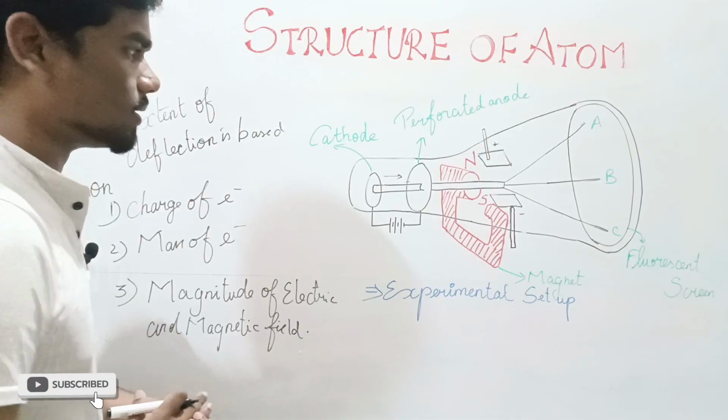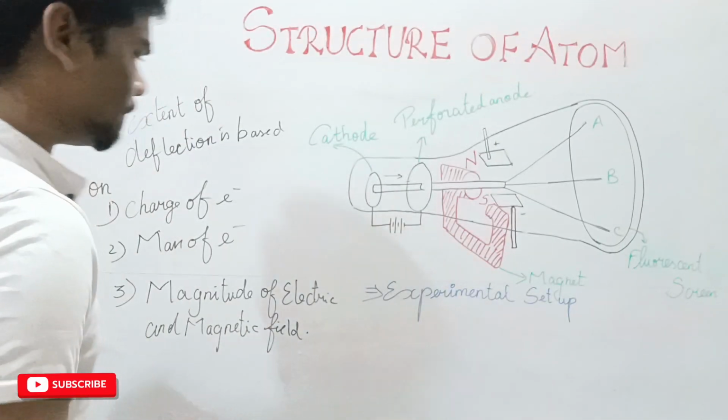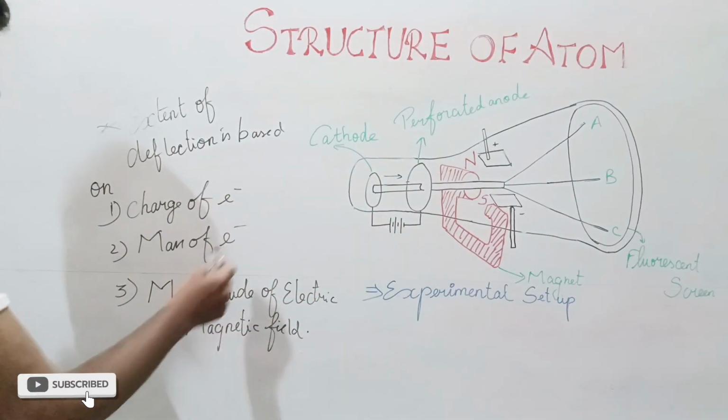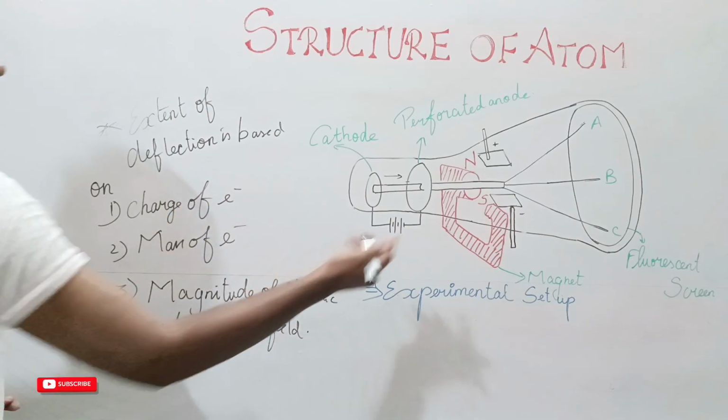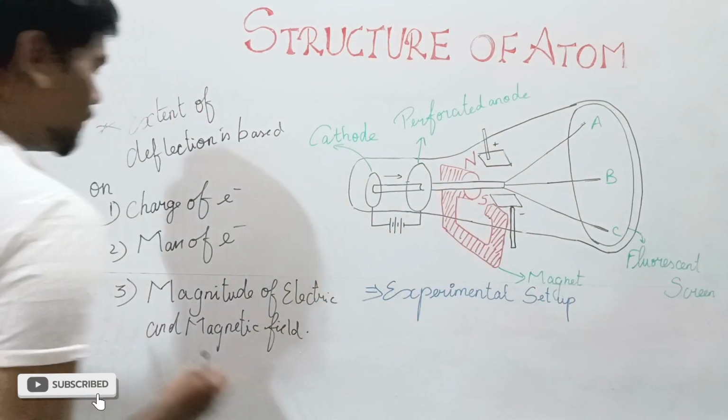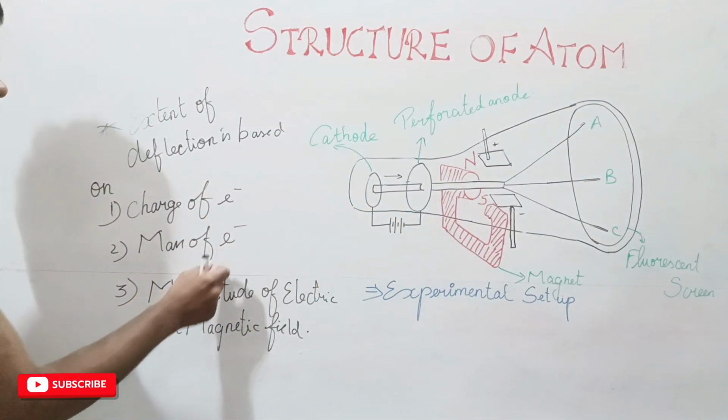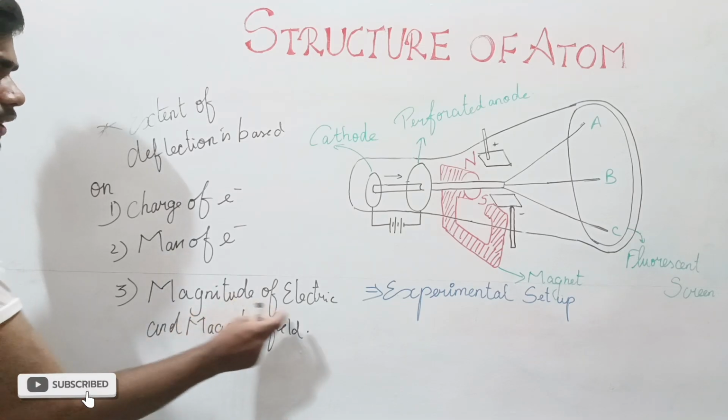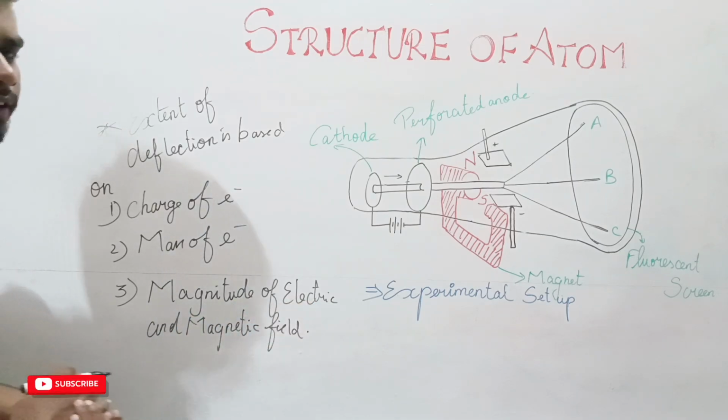So my dear friends, by this experimental setup there are various principles. Those are that deflection of this wave is based upon the charge of electron, mass of electron, and the magnitude of electric and magnetic field.